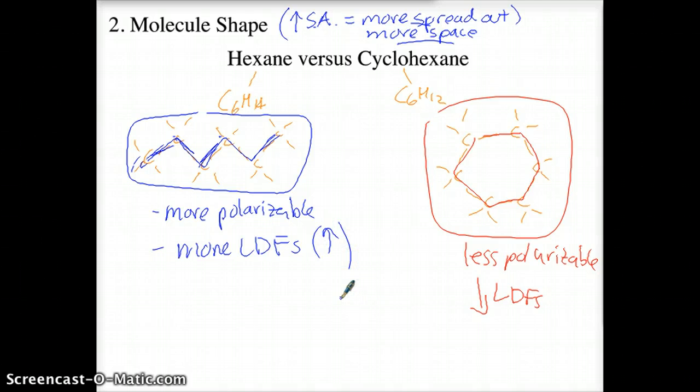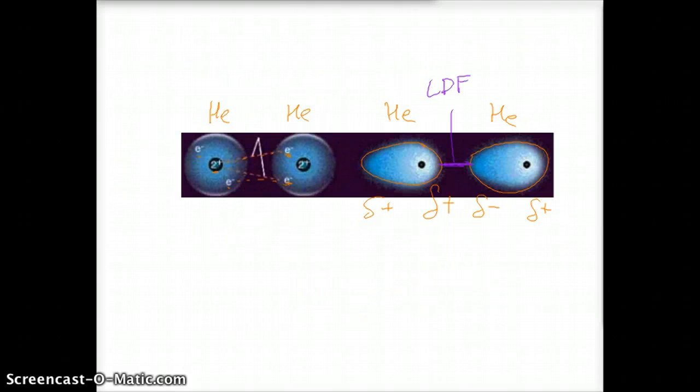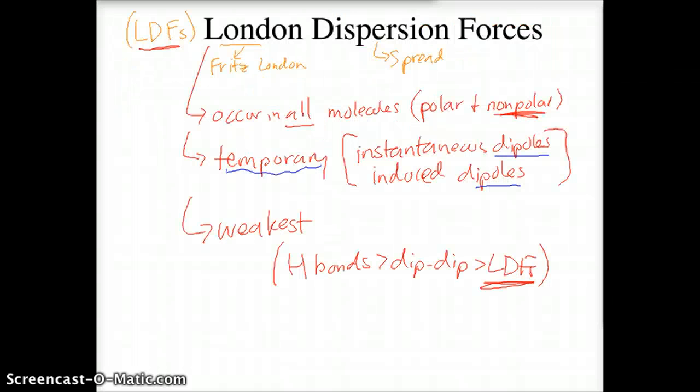So what to walk away with? Definitions of London dispersion forces. You need to know the two things that affect them, size and shape, and why they do, as well as understanding these key properties: that they occur in all molecules, they're temporary, recognizing this vocab, and that they are weaker compared to the other three.